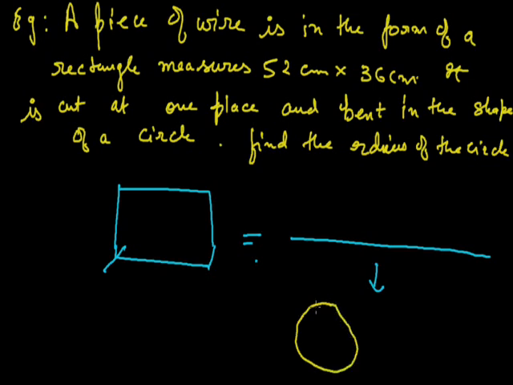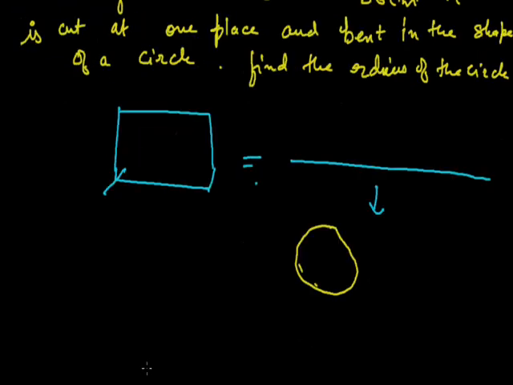In this case the length of this wire will be equal to the perimeter of the circle. That is, the length of the wire is equal to the perimeter of the rectangle, and we have to form a circle with the help of this wire only. So the perimeter of this circle will be equal to the perimeter of the rectangle.